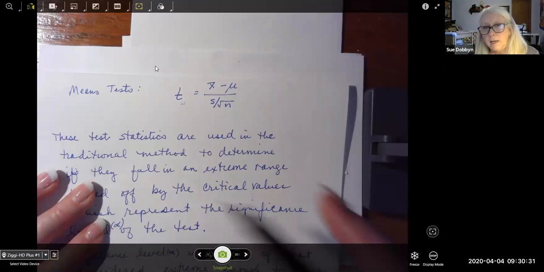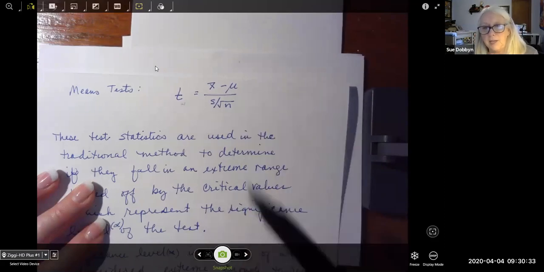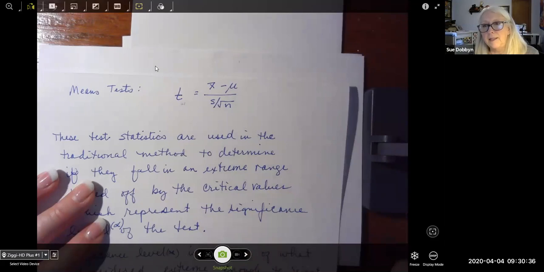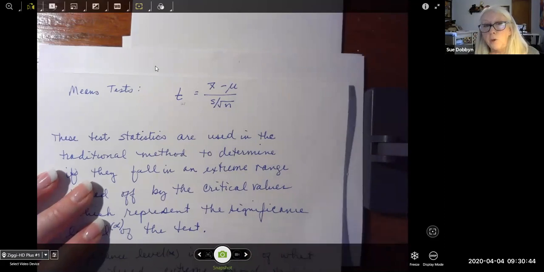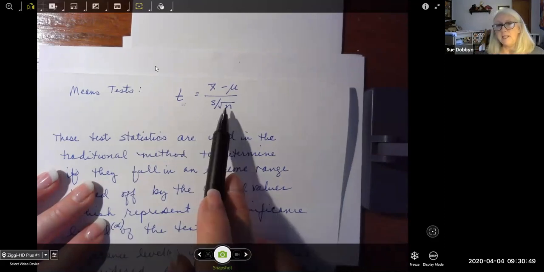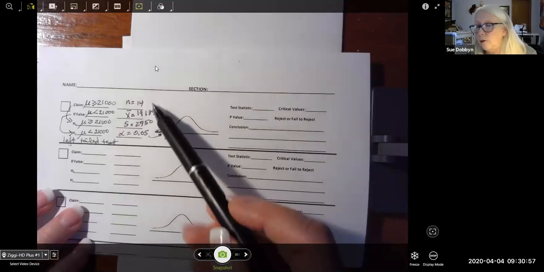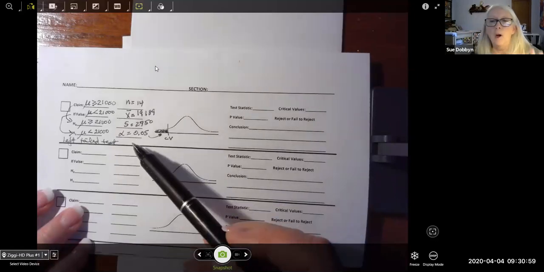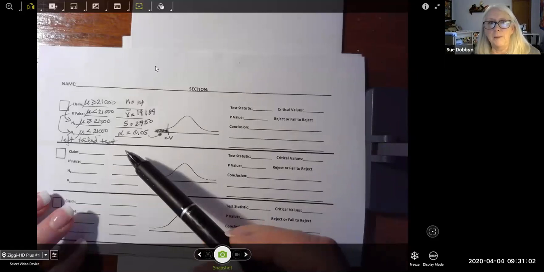And I'm not going to do it because we're going to use StatCrunch, okay? But that would be the next step if we were using the traditional method. It turns out that StatCrunch is going to give us this value anyway, okay? So the next thing we're going to do is go to StatCrunch, all right? So make sure that you have put down this information, whether you're using just a blank sheet of paper or you're using this worksheet paper, it doesn't matter.